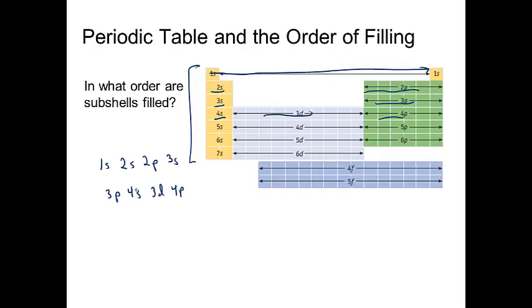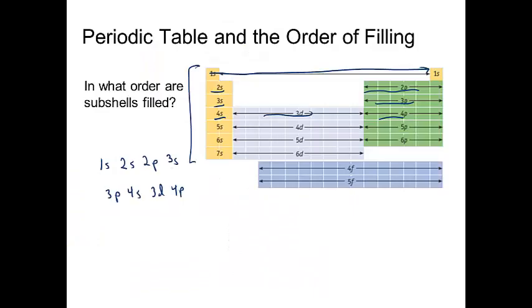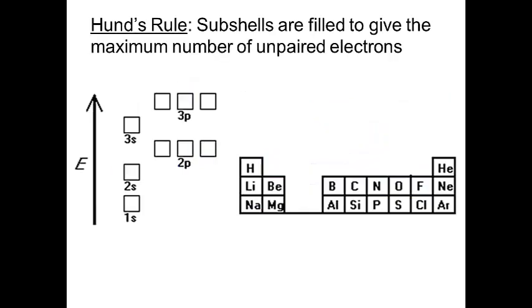So you don't actually need to memorize anything having to do with this order of filling. You just use the periodic table, and all you have to know is that this is the s block starting at 1, this is the p block starting at 2, this is the d block starting at 3, and this is the f block starting at 4. Once you know that, you can just follow through the periodic table and know which orbitals are used in which order. So let's look at some examples.